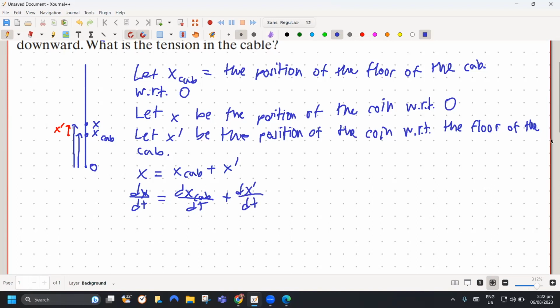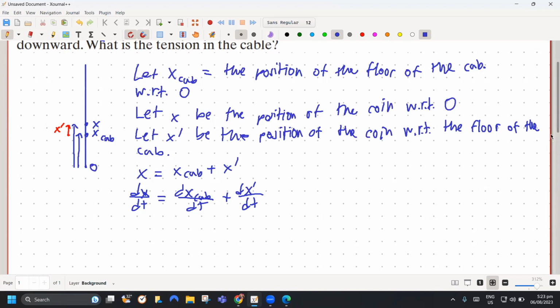Ngayon, para mas madaling ma-interpret yan, itawagin natin na v yung dx/dt. So, underneath, yung dx/dt, gawin mong v. Yung dx cab/dt, v cab. Yung dx prime/dt, that's going to be v prime.